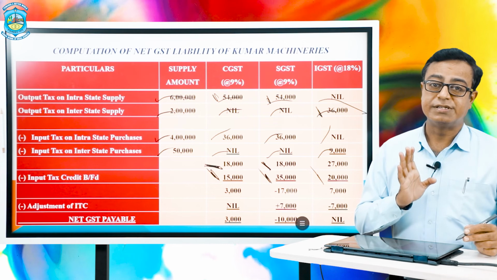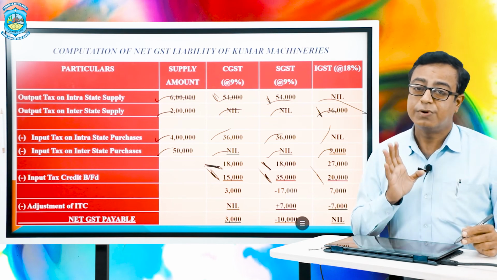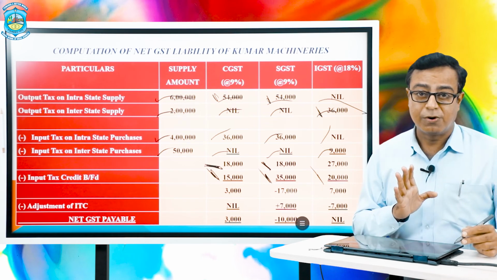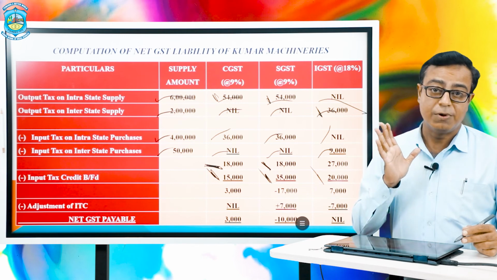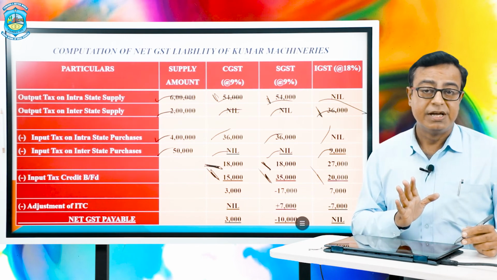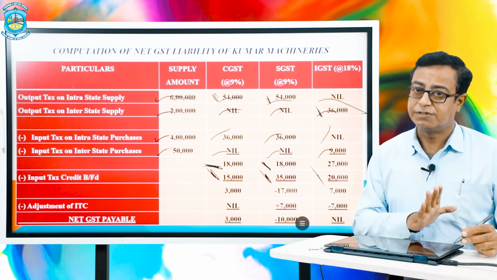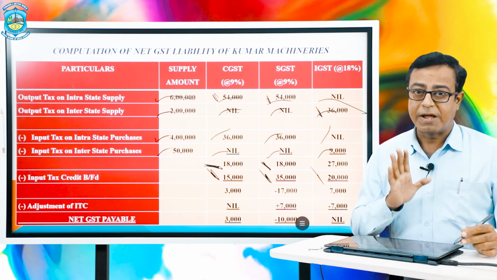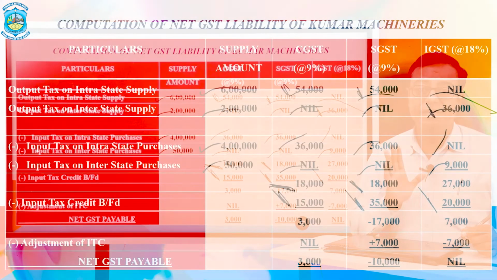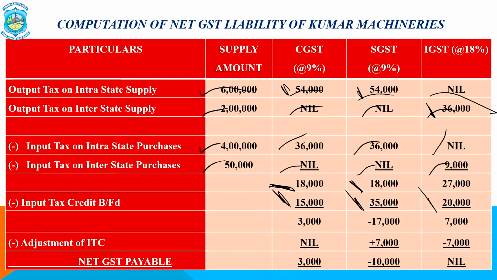Now, can we use this 17,000 credit for the payment of other tax? Yes, this 17,000 belongs to SGST. As per rule, we can use this 17,000 credit for the payment of IGST only. So, here I am going to use this 17,000 amount for the payment of this IGST.